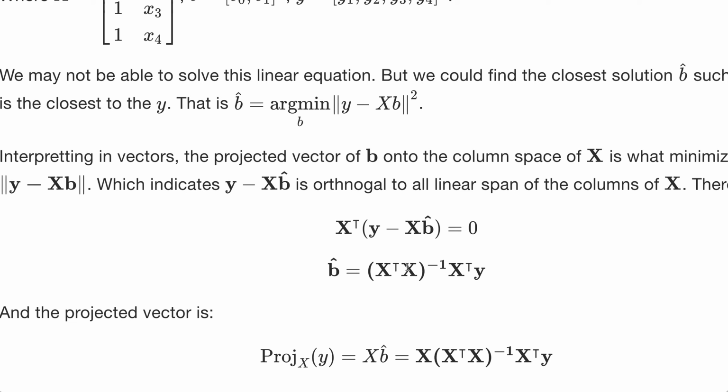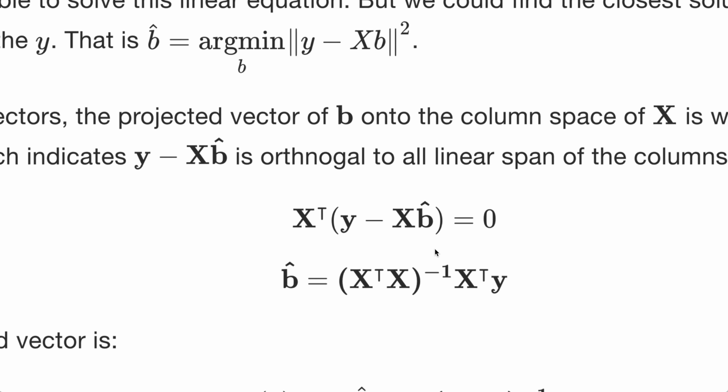Xb is perpendicular to the column space of X, which means that y minus Xb is orthogonal to every vector in the column space of X. So it's orthogonal to every column of X, which means that each row of X transpose times the vector y minus Xb should be 0.